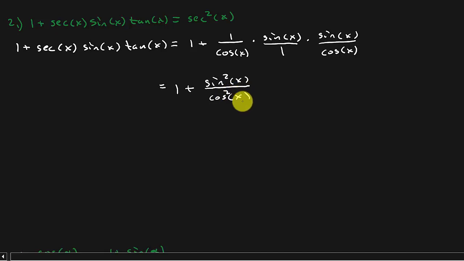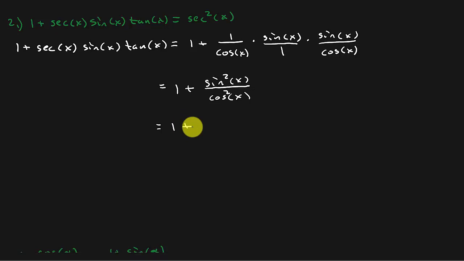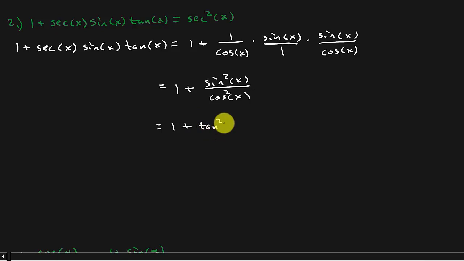And hopefully right now you can see where this is going. So this is 1 plus, and remember, sine over cosine is tangent. Well, I've got sine squared over cosine squared. So this is tangent squared.